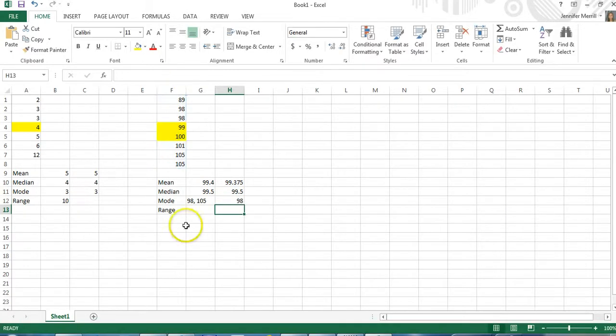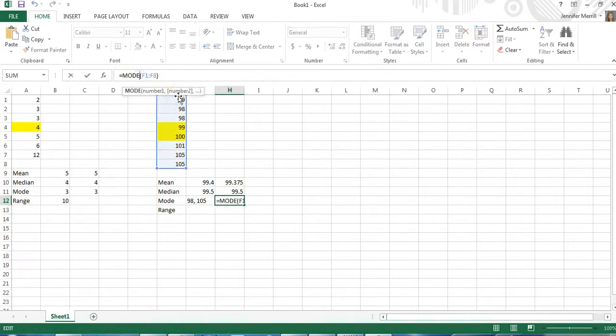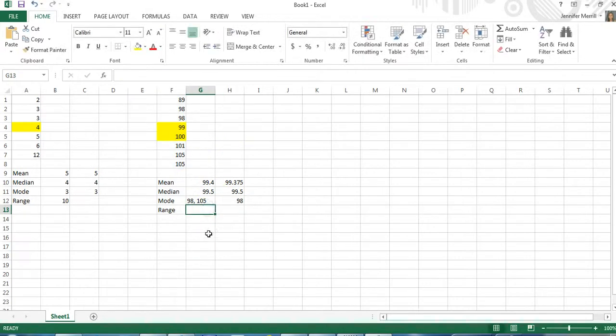The only problem with this is only one of the numbers shows up. Even if I type in that multiple, still only one pops up. So that's something that I need to look at. The range, once again, if I just hit equal, I can take that biggest number, which is 105, subtract the smallest number, which is 89, and that's where we get our 16 from.